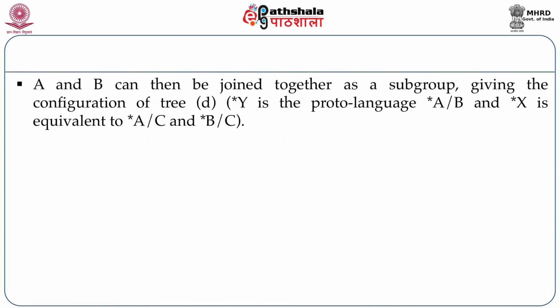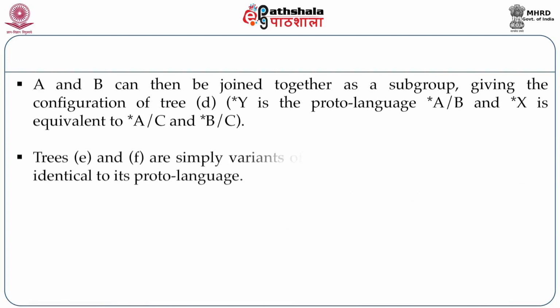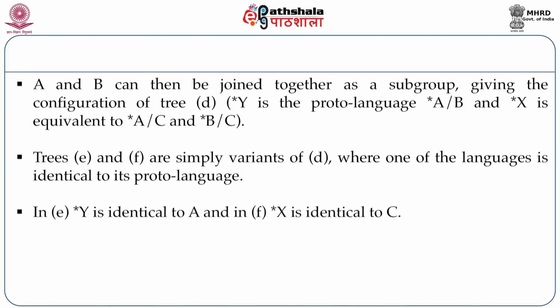A and B can then be joined together as a subgroup, giving the configuration of tree D. Then tree E and F are simply variants of D, where one of the languages is identical to the proto-language. In E, Y is identical to A, and in F, X is identical to C.